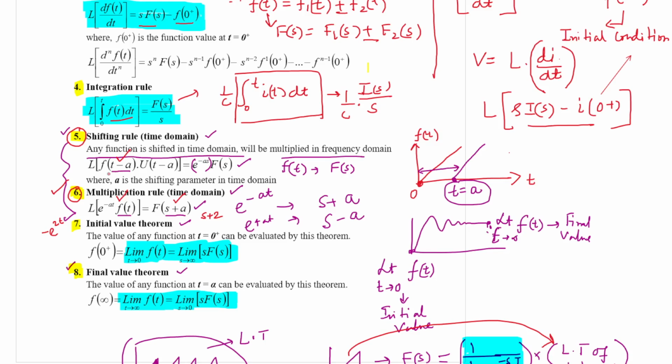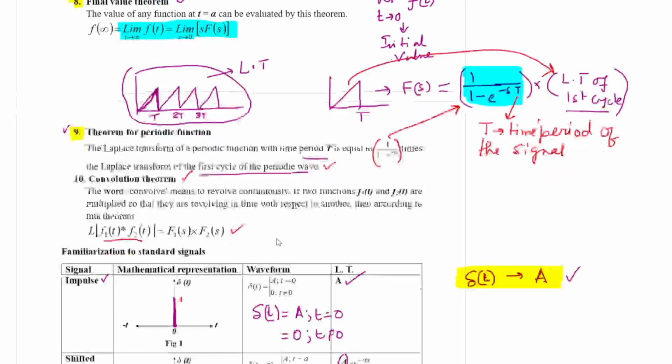We are now focusing more on property 5 to deal with these waveforms. It is shifted in the time domain, so it must be multiplied in the frequency domain.